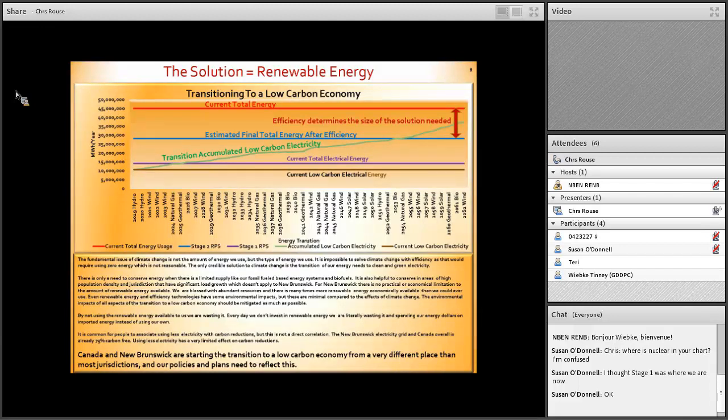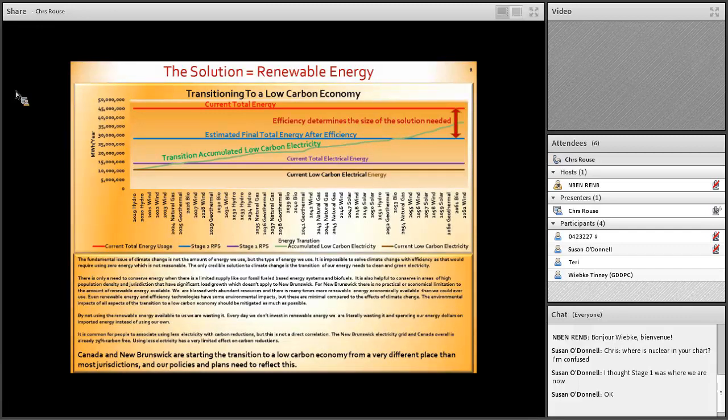The only credible solution to climate change is the transition of our energy needs to clean, green electricity. There's only really a need to conserve energy when there's a limited supply, like our fossil fuel-based energy systems and biofuels. It's also helpful to conserve in areas of high population density and jurisdictions that have significant load growth, which don't really apply to New Brunswick.